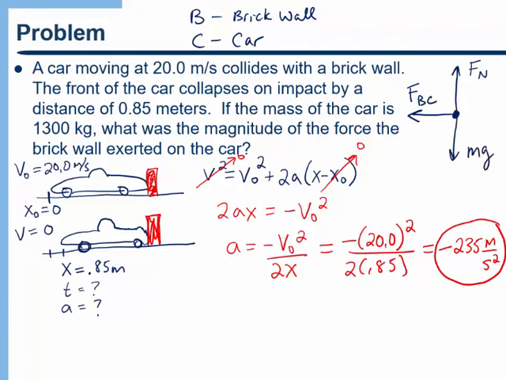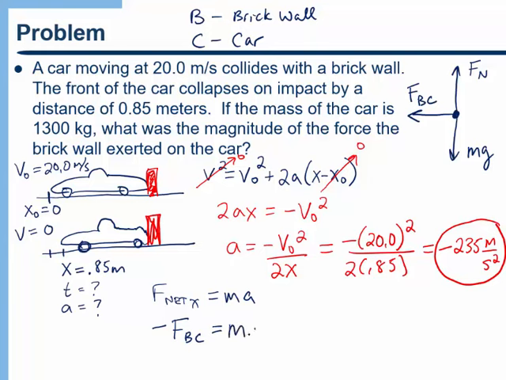So now we can go ahead and use Newton's second law. We know that the net force acting on the car in the x direction is equal to ma, and the only force acting is FBC. It's acting to the left, so I put in negative FBC. But then on the right-hand side, I know all the values.